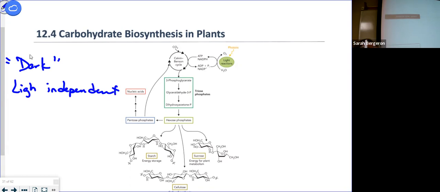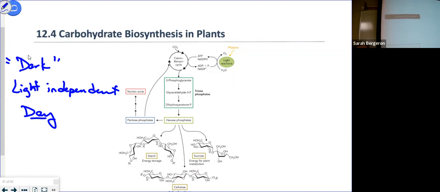Now, are you going to do these reactions in the day or in the night? Light. You're going to do these in the day. You're really not going to do these at night because you won't have the precursors that are needed in order to make this go, like ATP and NADPH, right?